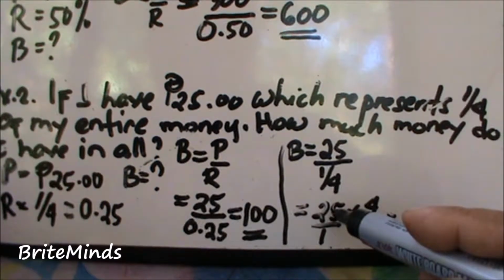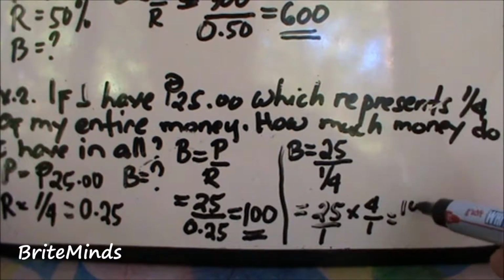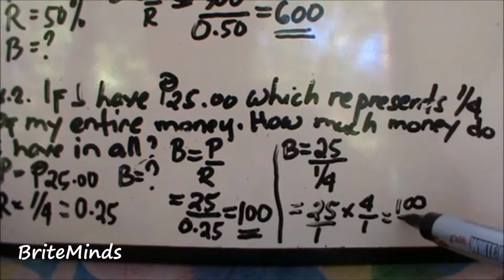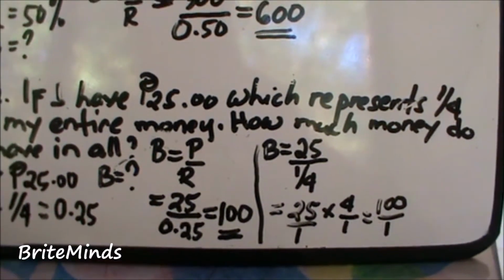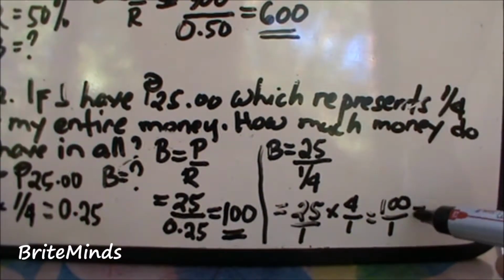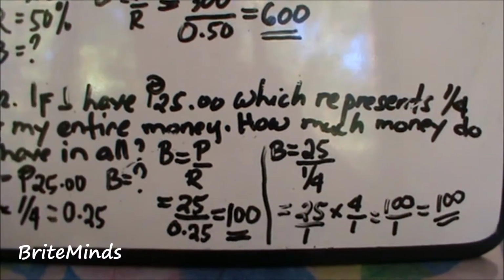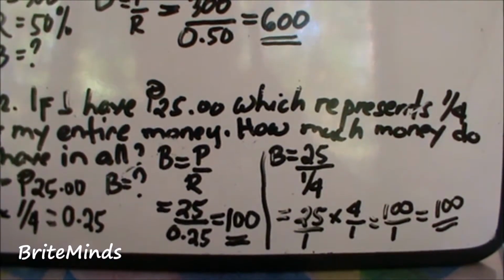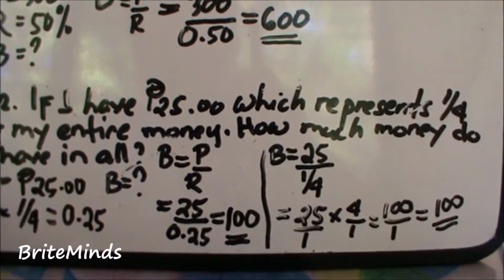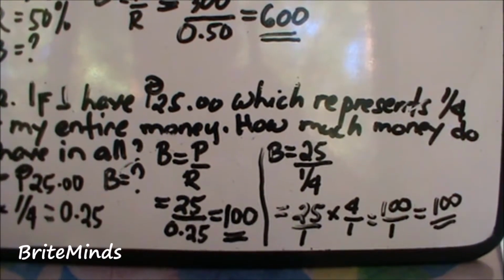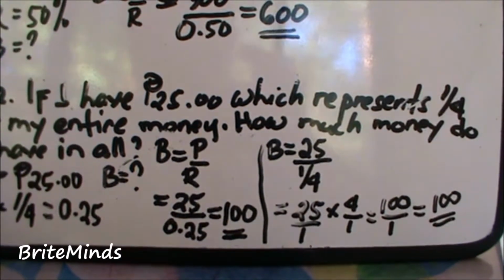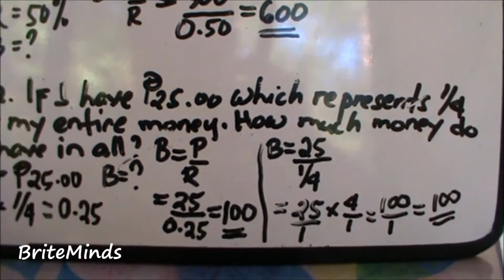So 25 times 4 is 100, 1 times 1 is 1, so the answer will be 100. Still the same. So it's up to you which you prefer to use. You can change the rate into decimal like what I did first, or retain the rate as a fraction.